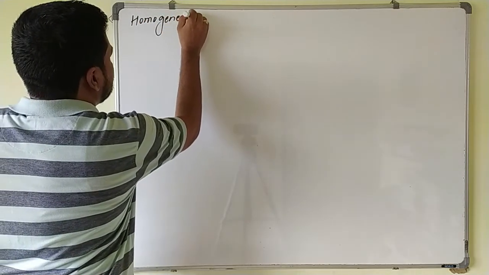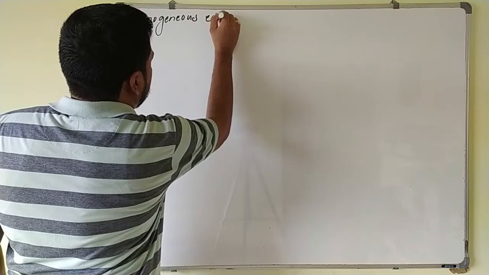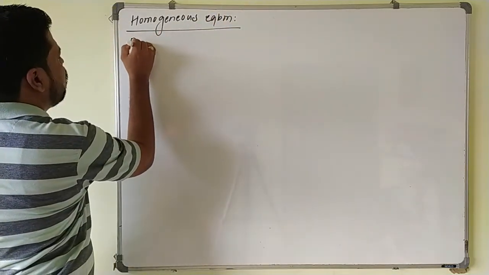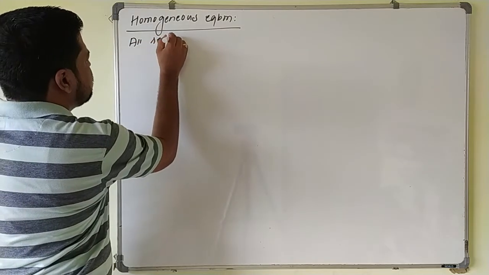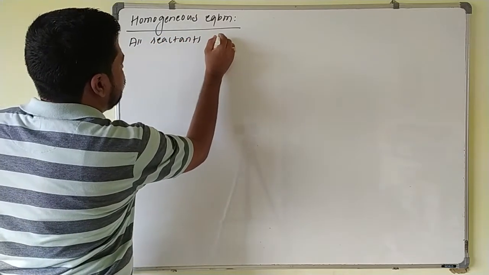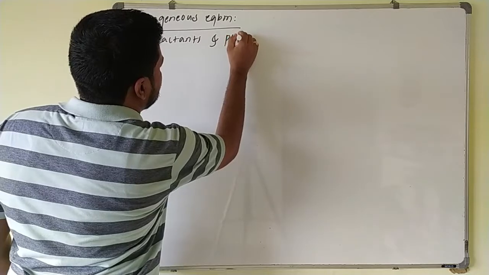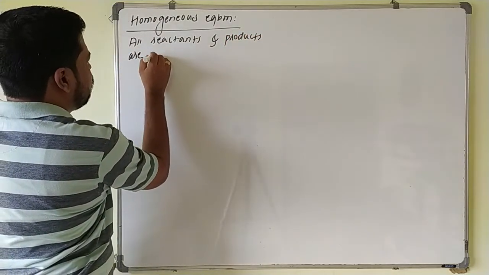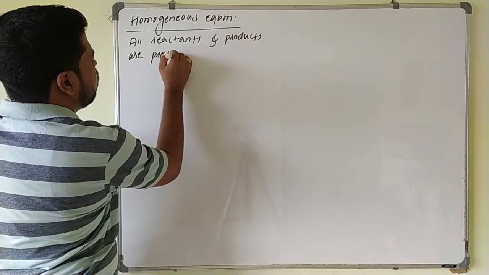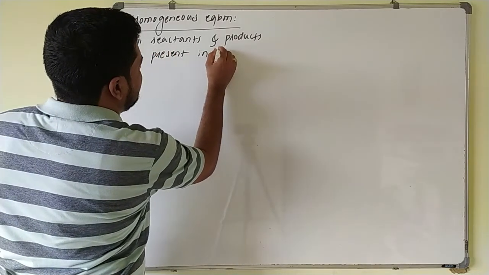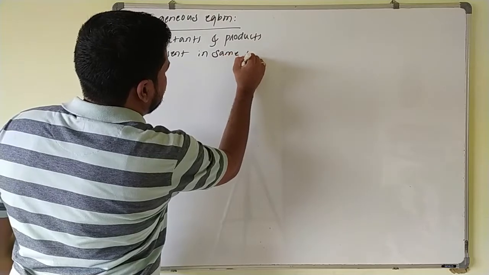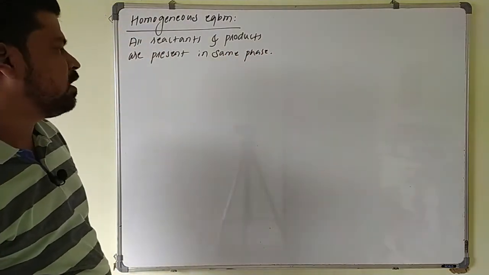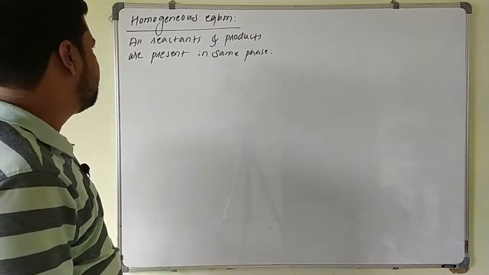Homogeneous equilibrium: in this case, all reactants and products are present in the same phase. If all the reactants and products are present in the same phase, it is called homogeneous equilibrium.